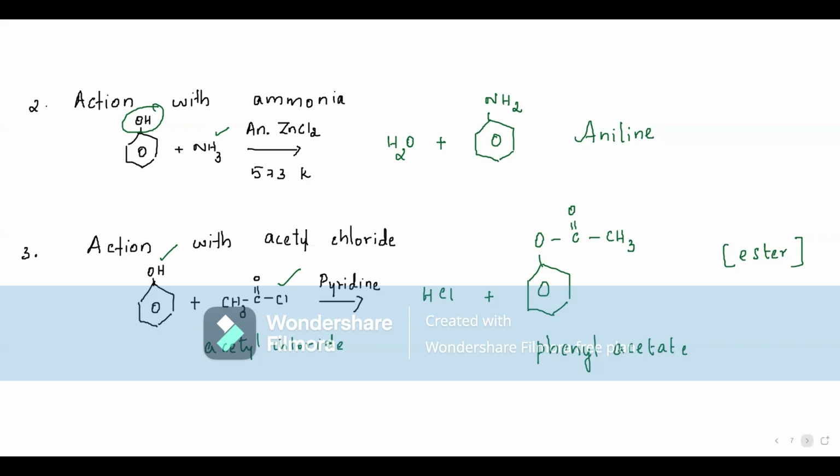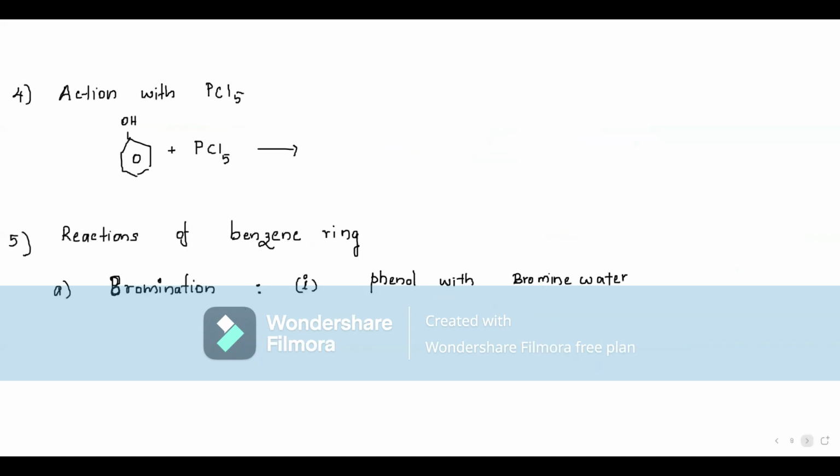Now, the next reaction is action with PCl5, phosphorus pentachloride. Once again, we have studied this under alcohol. The OH is completely replaced by one of the Cl ions here. Your intention here is to prepare chlorobenzene.